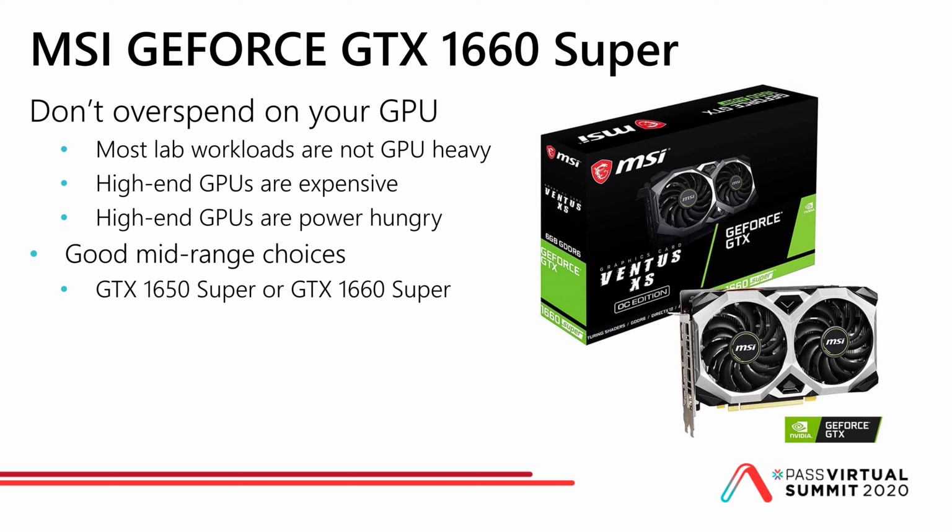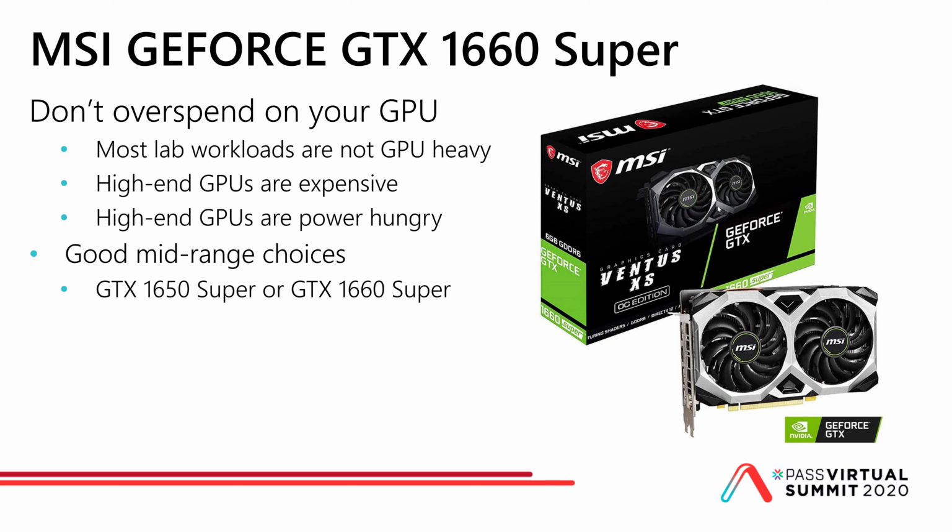Getting a high-end GPU is going to be expensive, and it's also going to use a lot of power, which might cause you to actually have to buy a bigger power supply than you otherwise would need. So I think you want to pick a good mid-range GPU if you're not quite sure how much GPU you might be using.